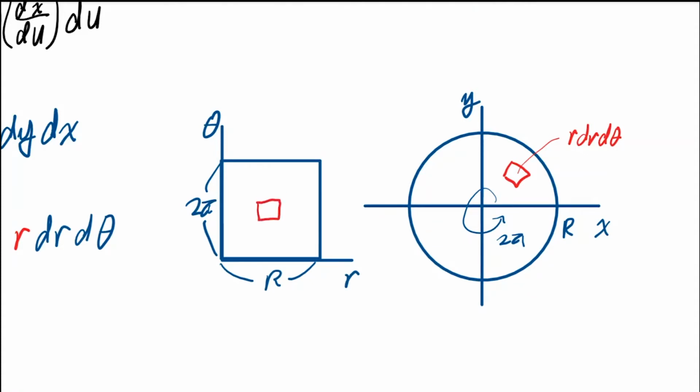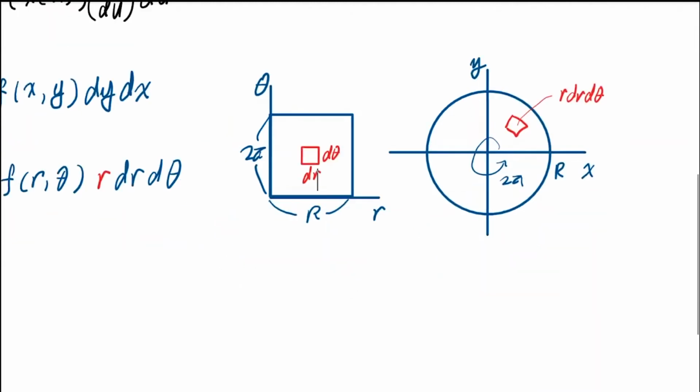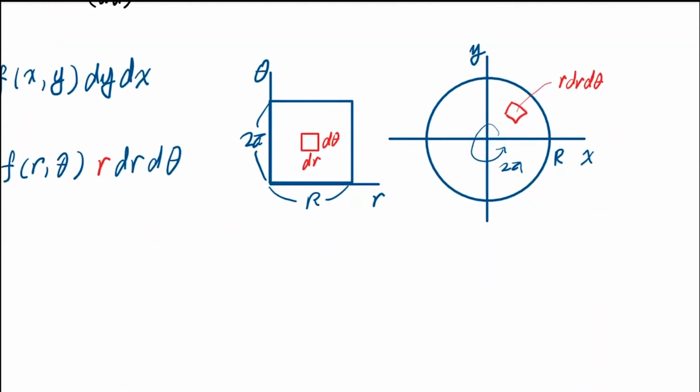Say that corresponding rectangle is somewhere here. And this side is the R, and this side is the theta now, isn't it? You see, they don't correspond. This area is not the same as this, but this is the R, the theta, so we are missing that R. So we need to find the relationship between the dy dx here and the R, the theta, and that happens to be R, we know. But how do we formalize this is our task here. Good.